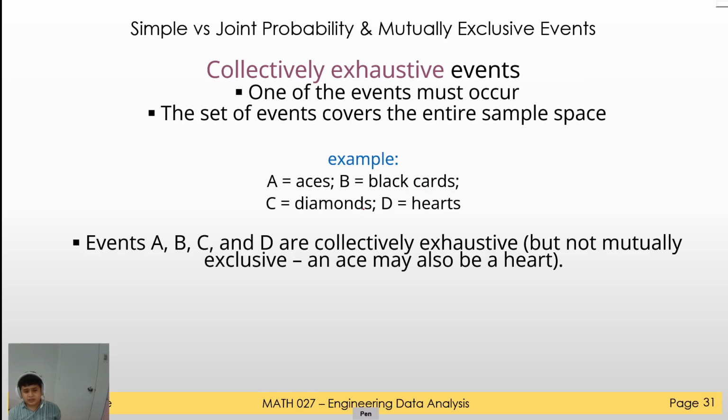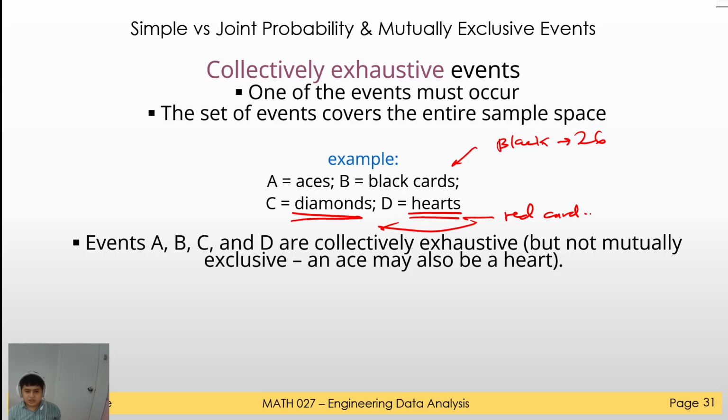meaning the sample space left there will be the red cards, and we know here that the diamonds and the hearts are the red cards. So these are the black cards. These are the red cards, right? How many black cards do we have? We have 26, right?